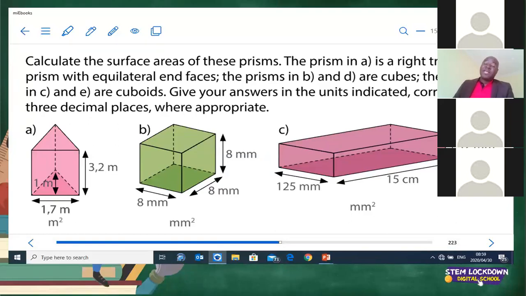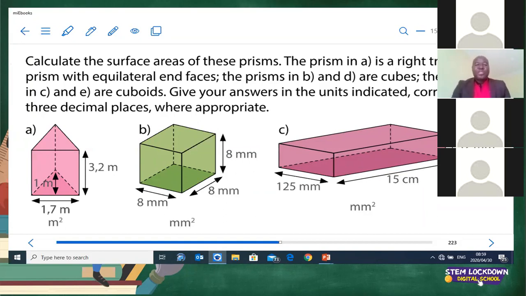So every time you convert from centimeters to millimeters, you simply multiply by 10. 1 centimeter, if you multiply that by 10, is 10 millimeters. Very important.